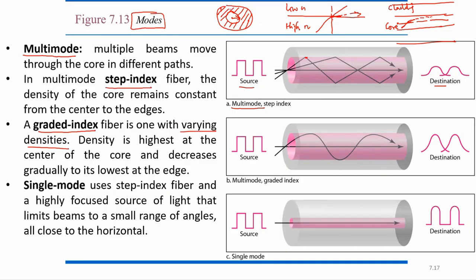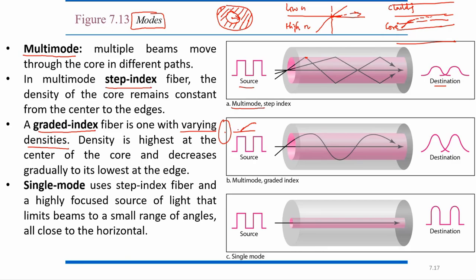So the core does not have a constant refractive index, it has a linearly varying refractive index. Suppose this is the core, and here you can plot the refractive index. If the center has this refractive index, it keeps on changing.